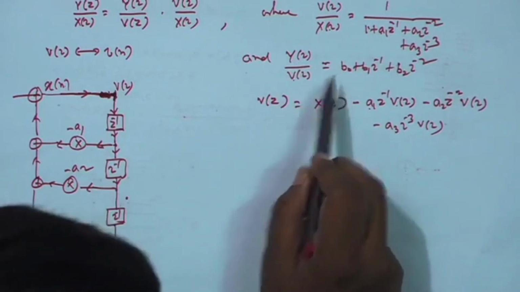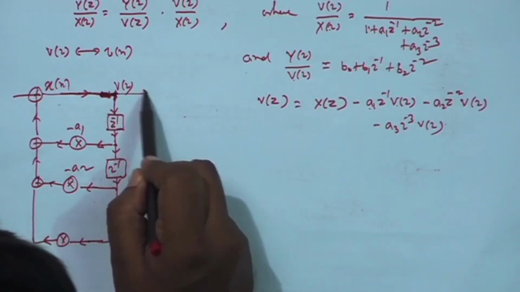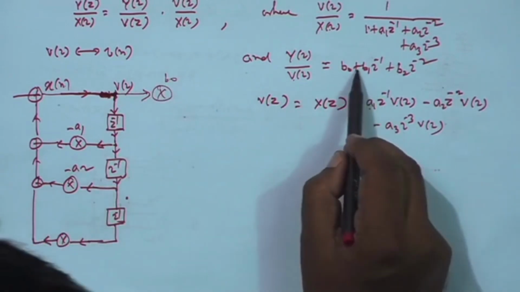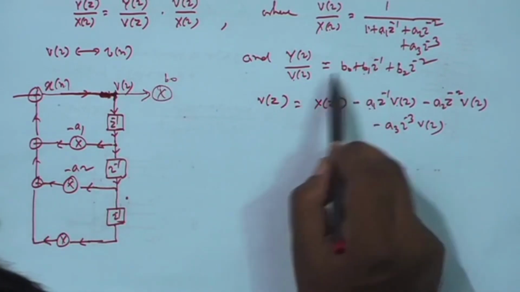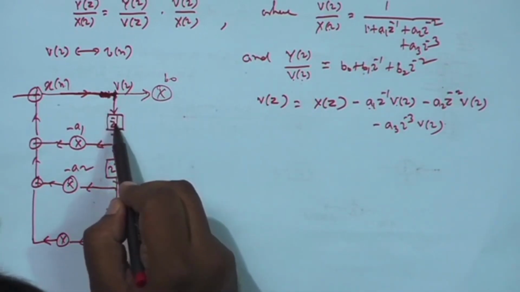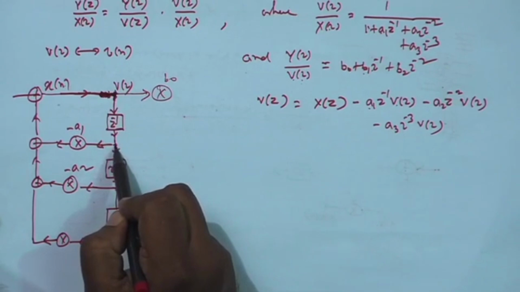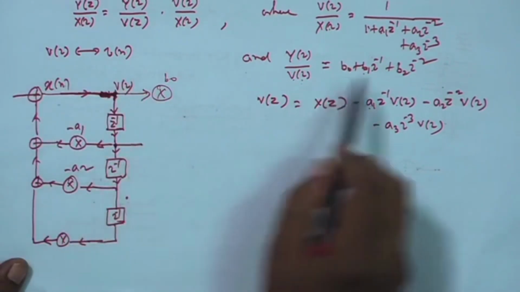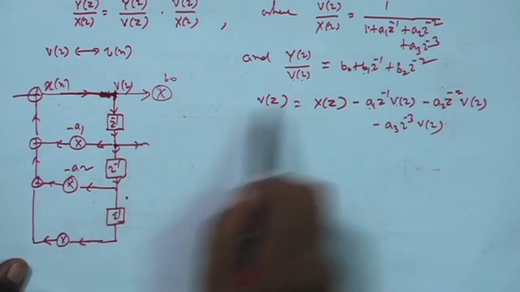Now, what is Y(z)? V(z) into B0. So, if it is V(z), this goes in this direction also, multiplied by B0 plus B1 Z inverse V(z). Now, Z inverse V(z), you see the advantage is that Z inverse V(z) is already available. I do not have to apply another delay. Okay. Just take a line out from here, multiplied by B1.